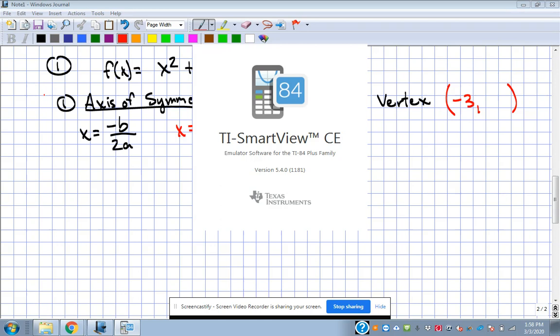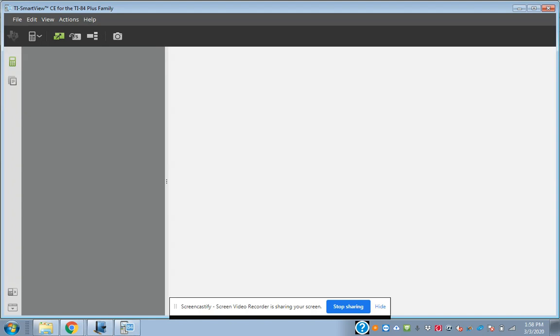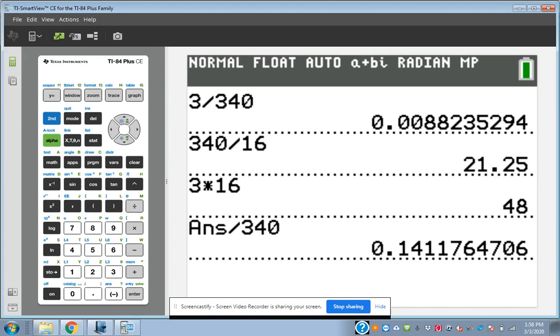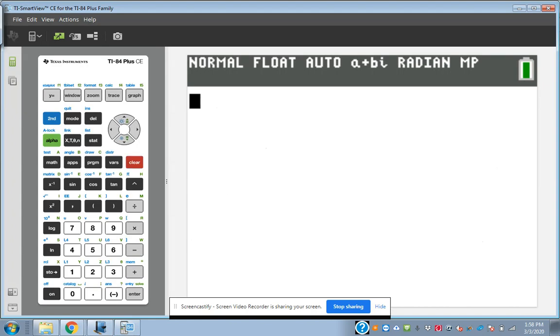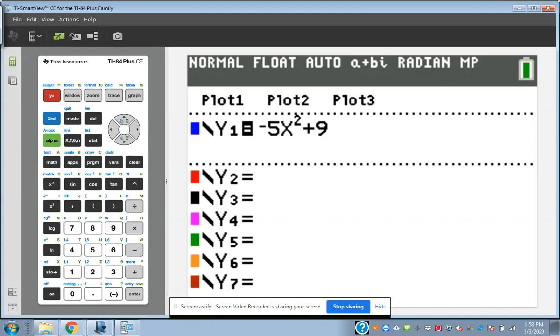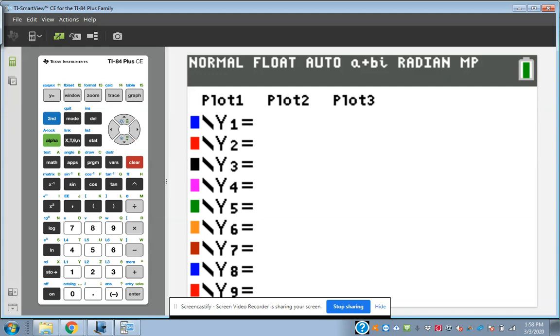Break out your calculator and get it up and running here. Everybody get that out. Now, it's a graphing calculator. We're graphing quadratics, right? Makes sense that we would use this as a tool. So I'm going to hit y equals, and clear out any other equations that I might have.